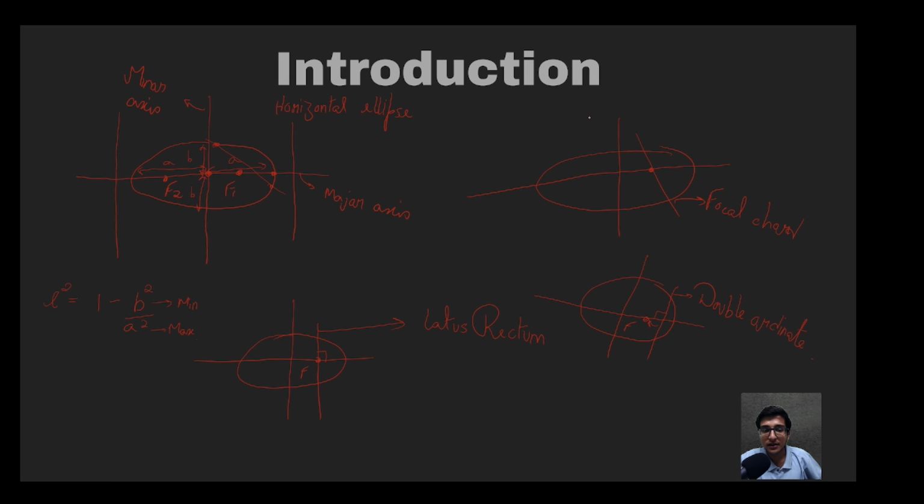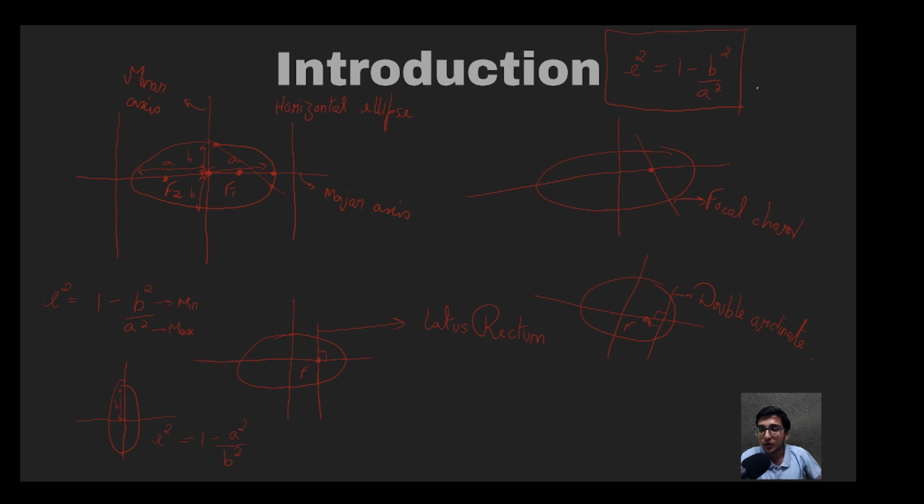Now let's say we were given a vertical ellipse in this format, then we know that this length B is greater. At that time E square would become 1 minus A square by B square. So the value which is small is kept in the numerator and the value which is large is kept in the denominator. This is how E square is calculated. Important formula you must remember.